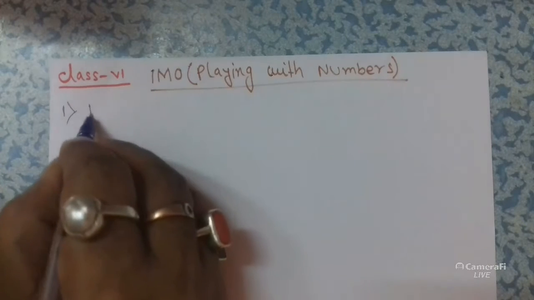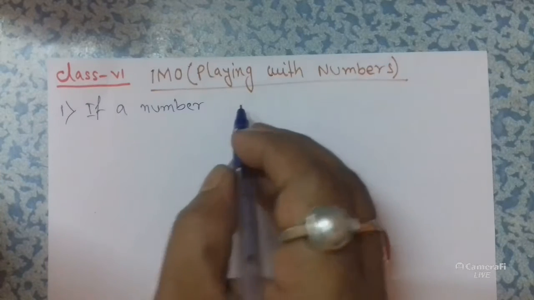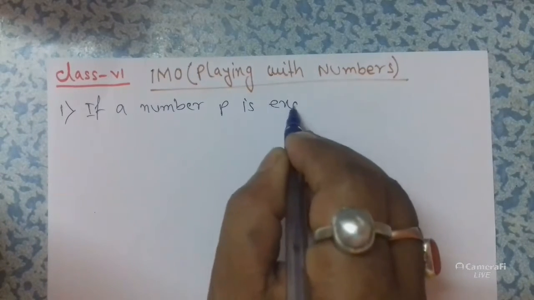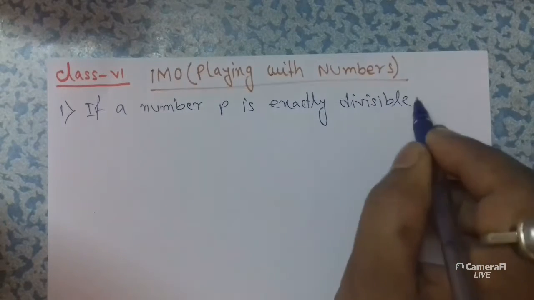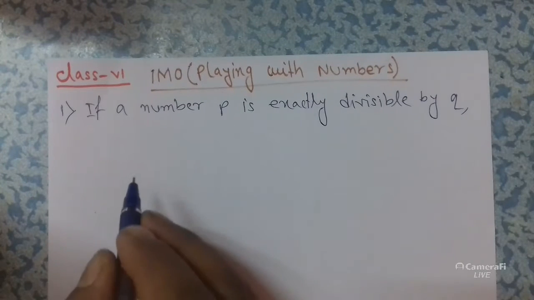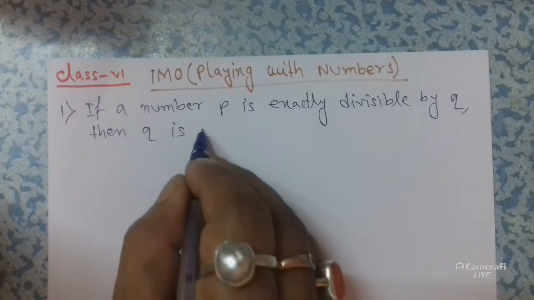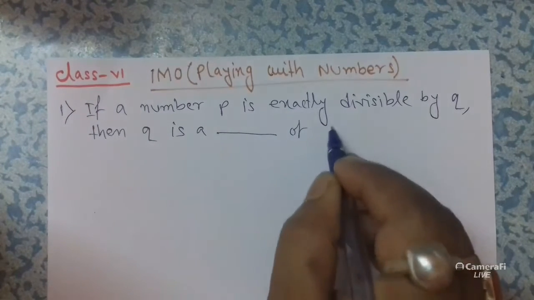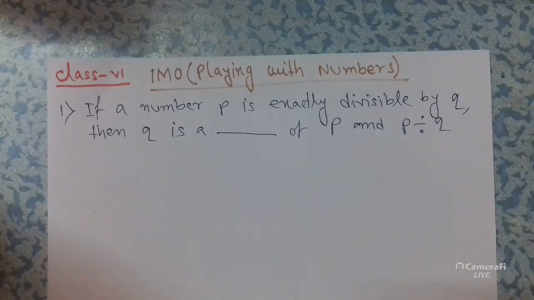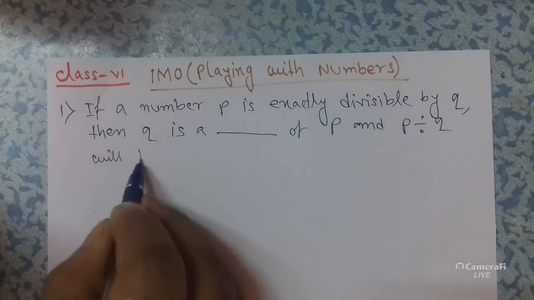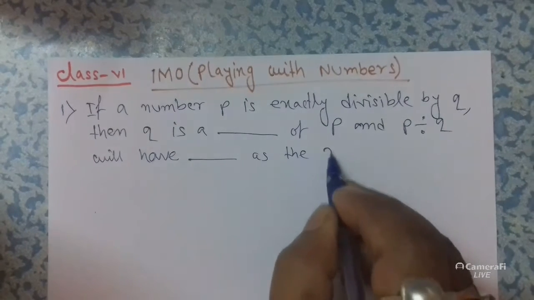If a number p is exactly divisible by q, then q is a dash of p and p divided by q will have dash as the remainder.